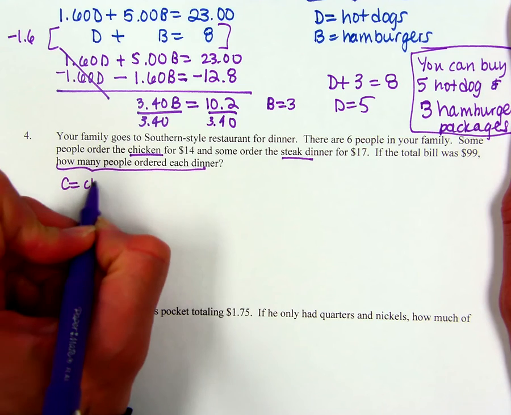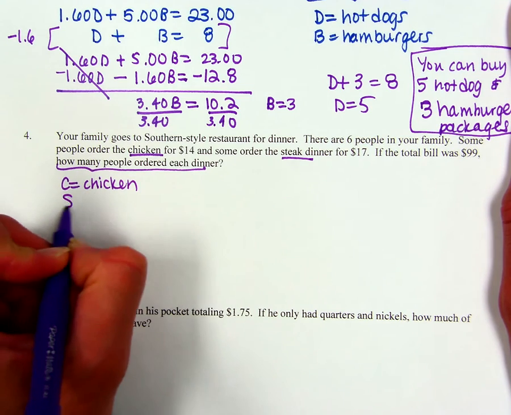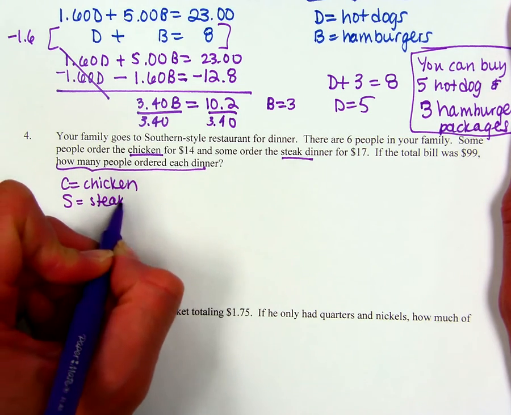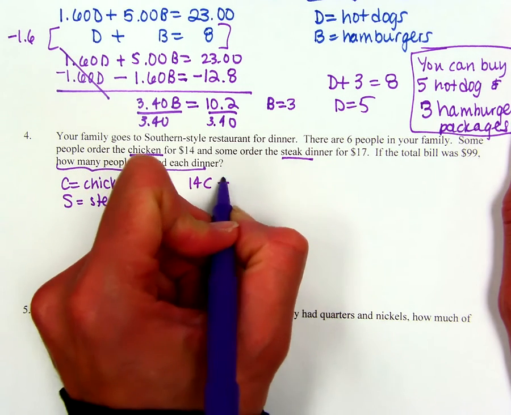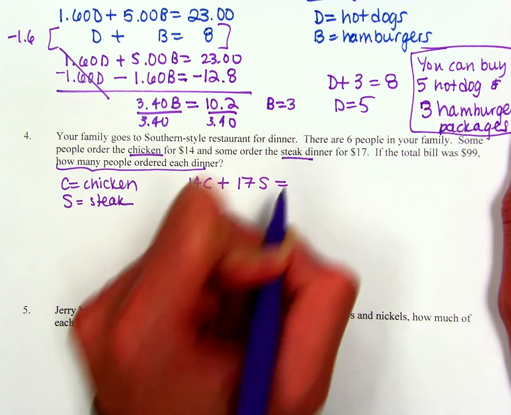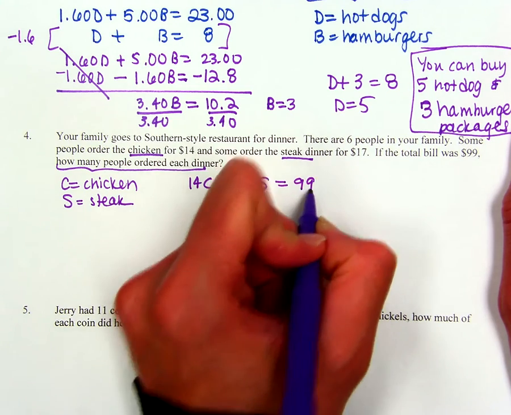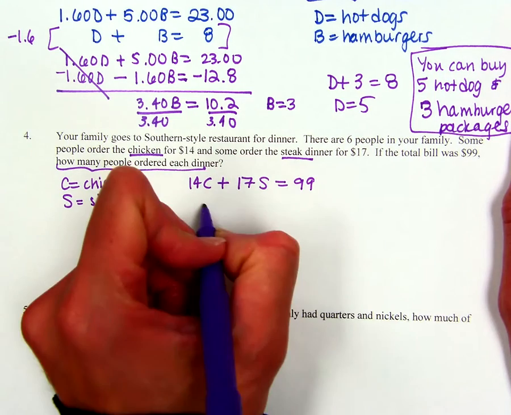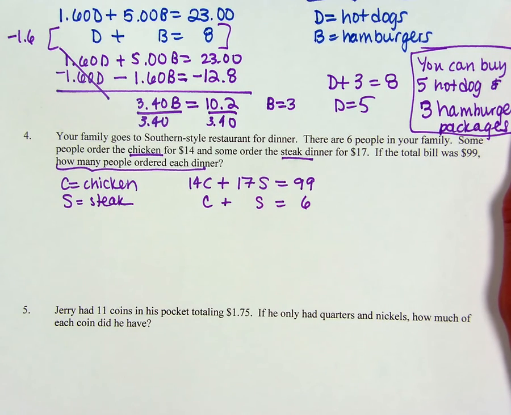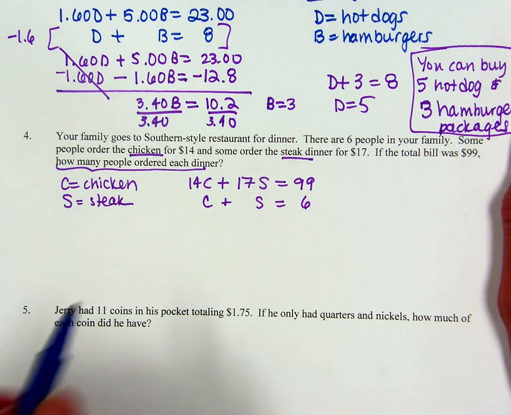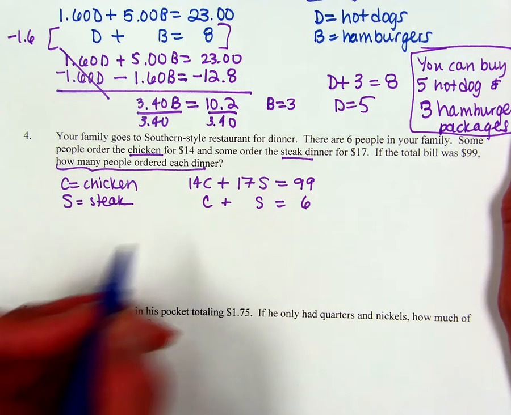So C can be chicken, S can be steak. Then I want to know how much did each of them cost. So $14 for chicken dinners, $17 for steak dinners, and the total bill is $99. There's 6 people in my family, so some amount of chicken, some amount of steak. Total, six people, 6 meals.